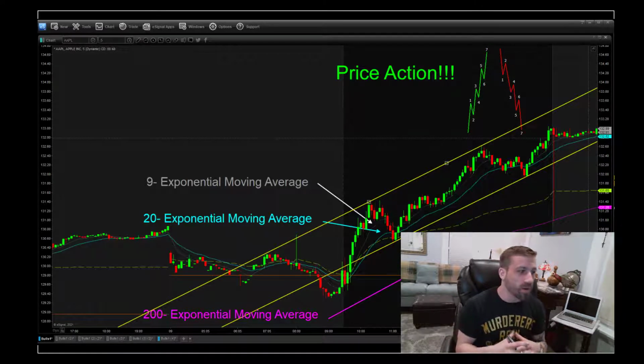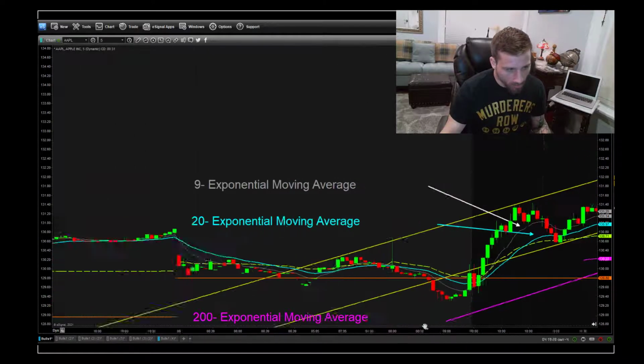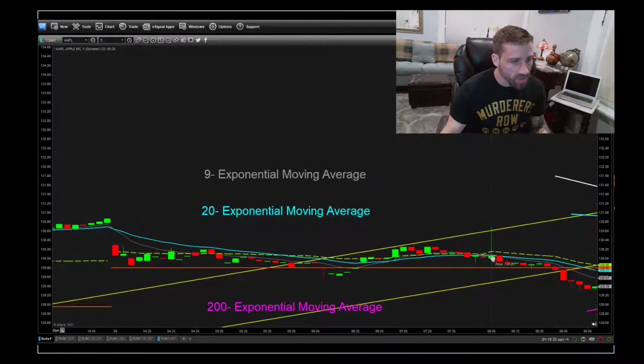But when it comes to the 9 and the 20 exponential moving averages, these are two that I'm essentially going to use in tandem, right? I'm going to use them in relation to one another. And what do I mean by that, right? So if you guys look at the chart, what I want you guys to focus on is look at what happens. It crosses over.